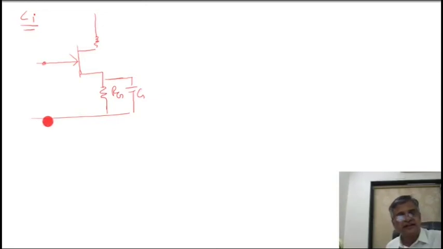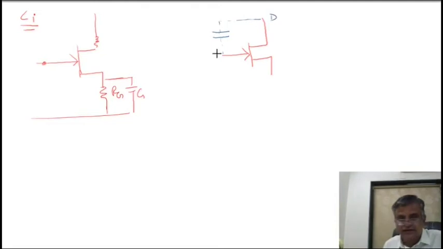That is called input capacitance. Now you have studied junction capacitance. This is your FET symbol. The capacitance existing between drain and gate is called CGD, remember.